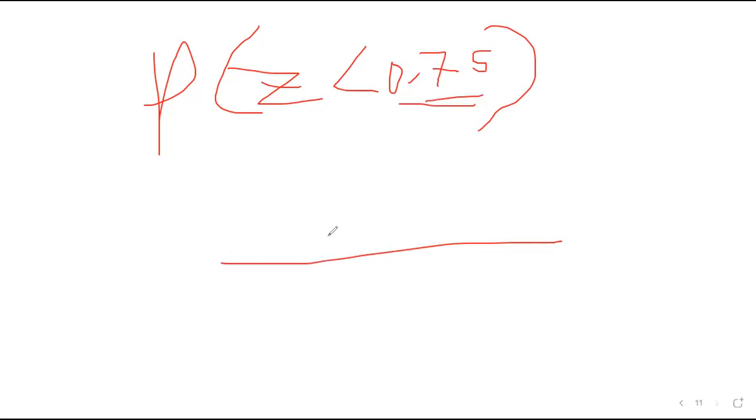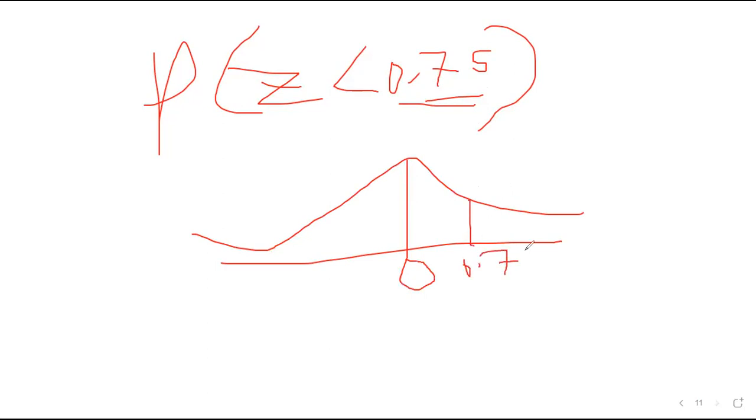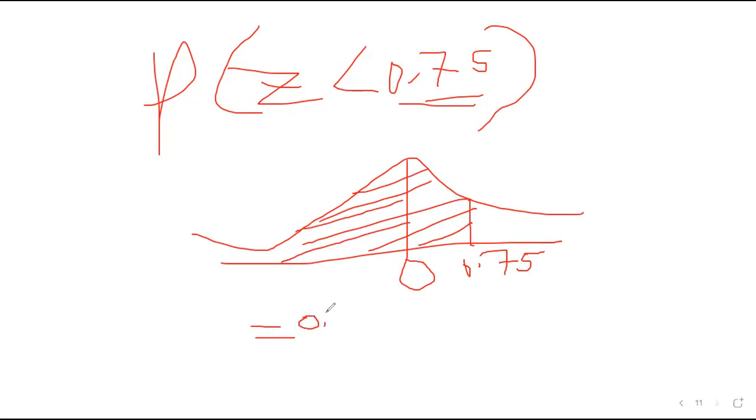So you look at 0.75 here, on this side. The probability that Z is less than this means we are shading this area. The shaded area tells us the value of the probability if it will be less or greater than a certain value. So it will be 0.5 plus the probability of 0.75.